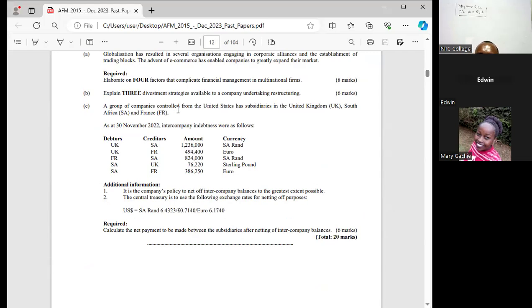A group of companies controlled by the United States has subsidiaries in the United States, South Africa, and France. As at 31st November, intercompany balances total as given. If the company's policy is to net intercompany balances to the greatest extent possible, the central treasury uses the following exchange rates for netting off.